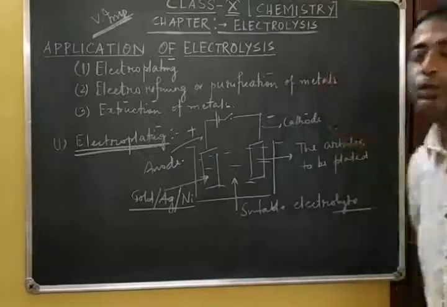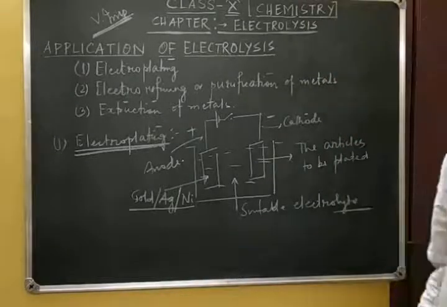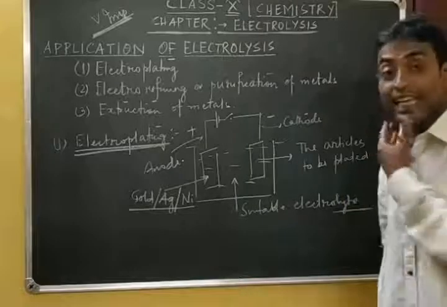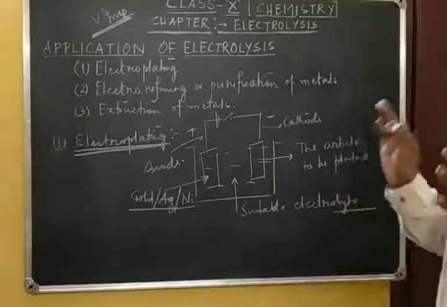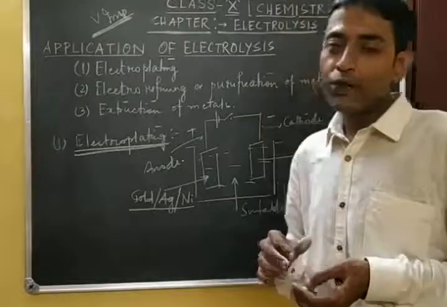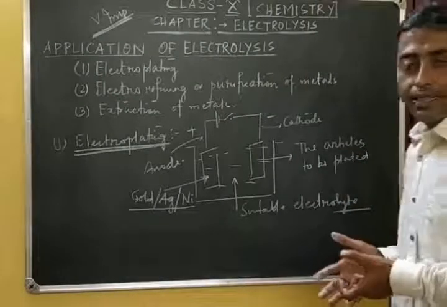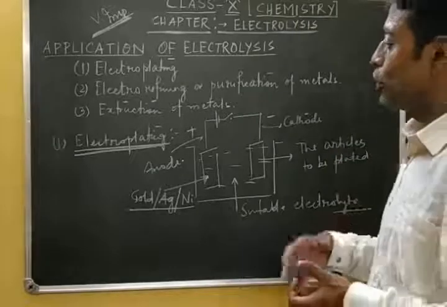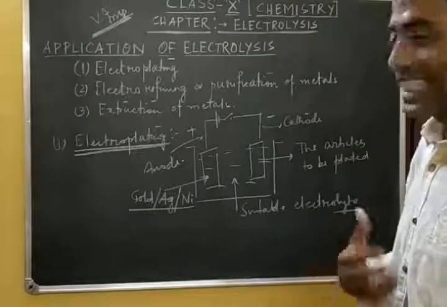For gold we will be using copper orocyanide, silver argentocyanide for silver plating, nickel sulfate for nickel coating, like those. So electroplating is the process by which we can coat or plate some superior metal on an inferior metal in order to prevent those metals from corrosion or make those metals look attractive.